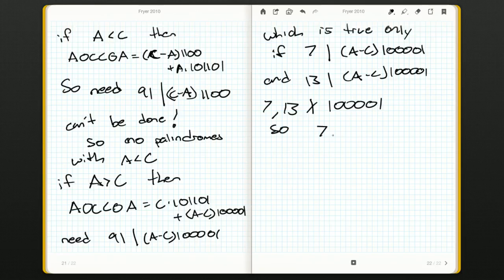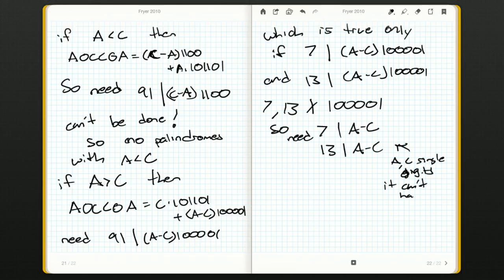So being primes, we need 7 to divide A minus C and 13 to divide A minus C. But it can't happen. So what I've done when I said can't be done, I've written out a specific example just in case they are looking for this reasoning.